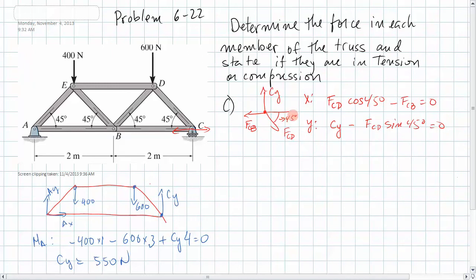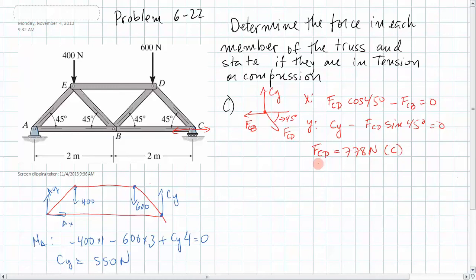All right. So now I can go ahead and solve for these two. And if I do that, I get that FCD is equal to 778 newtons, and it is positive. So my initial assumption was right, and that member is in compression.